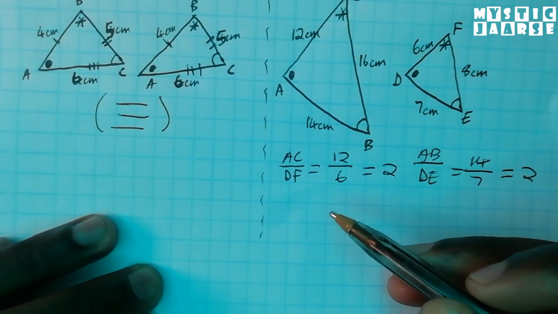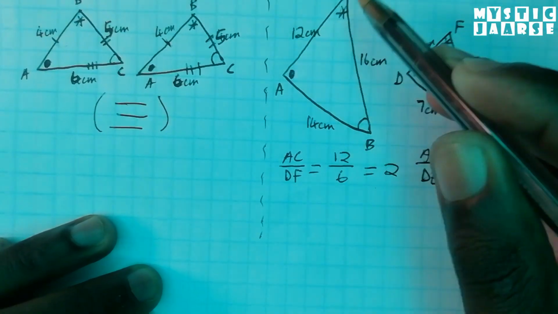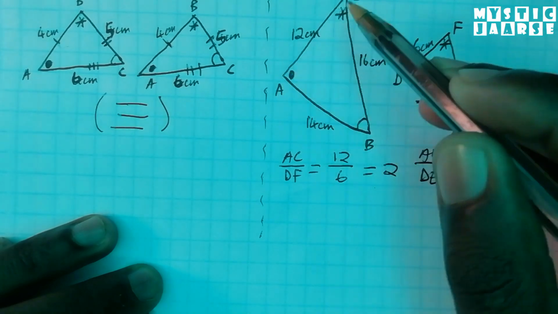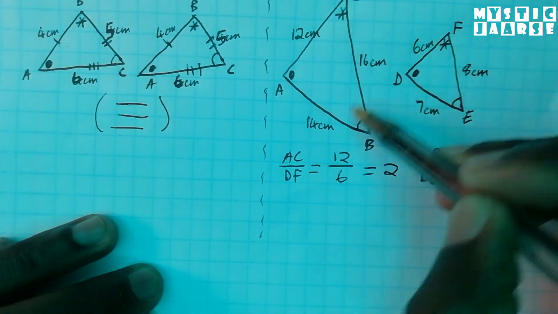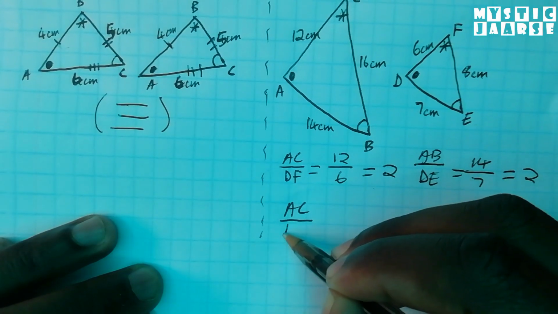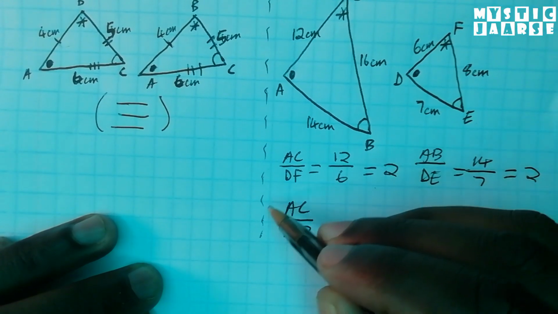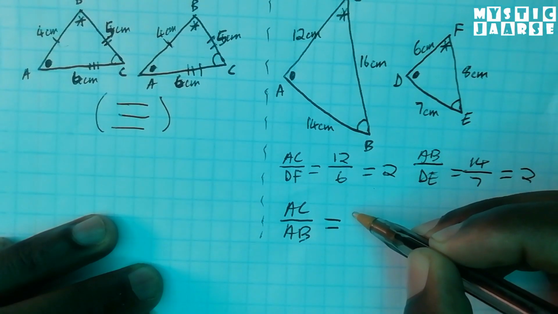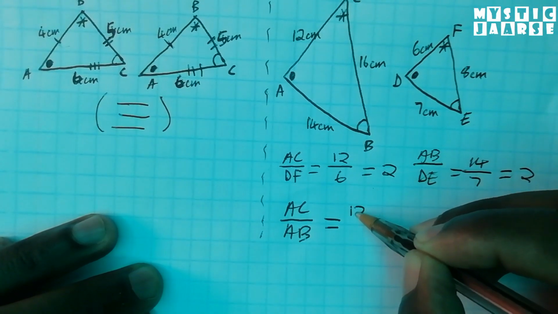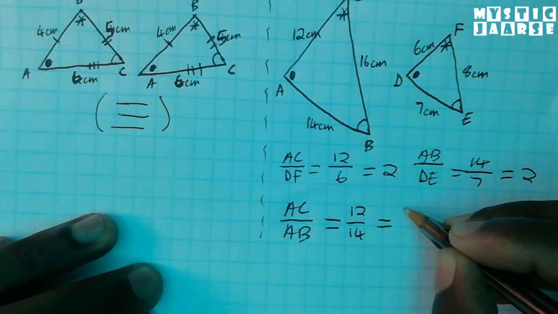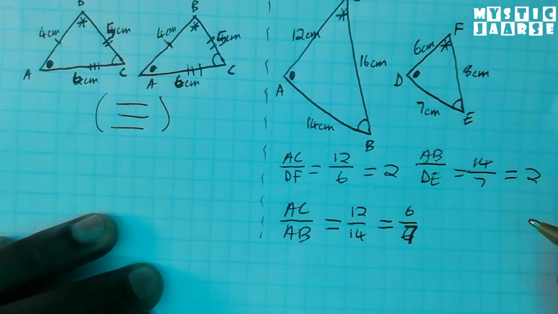So let's take side AC. The ratio between side AC and side AB of this triangle is 12 divided by 14, right? Which gives us 6/7.